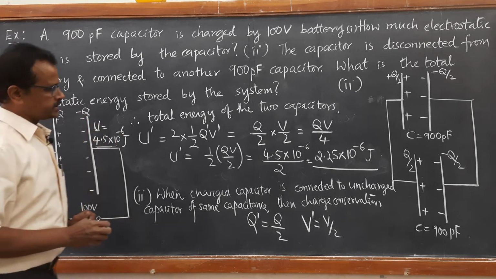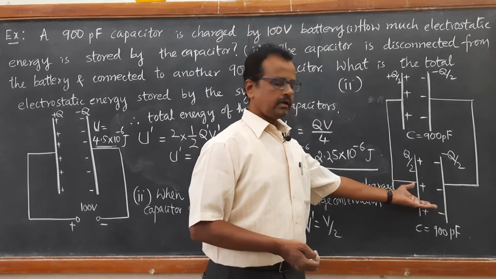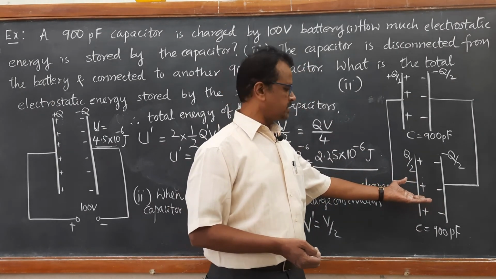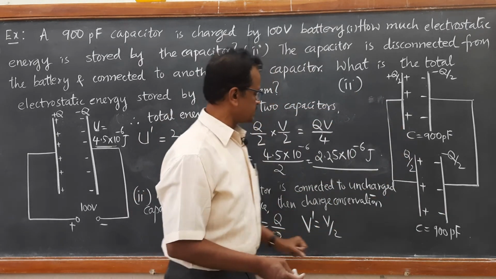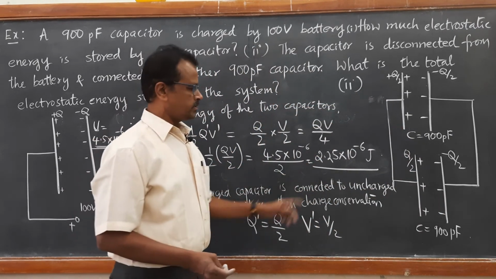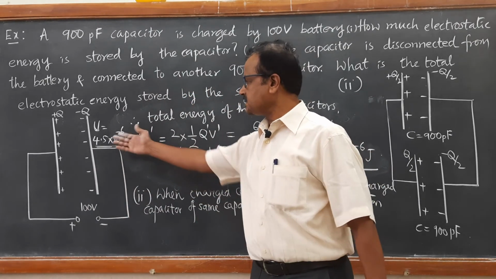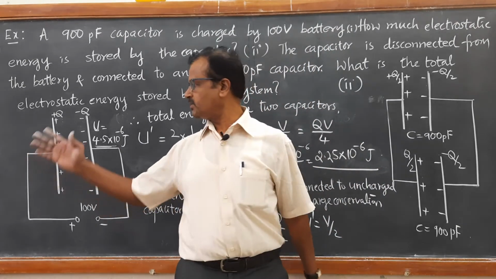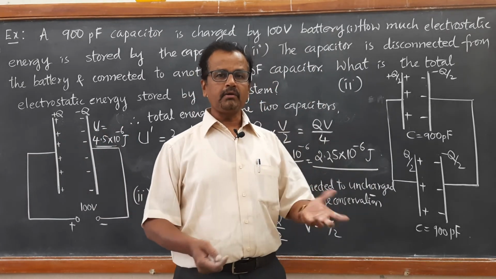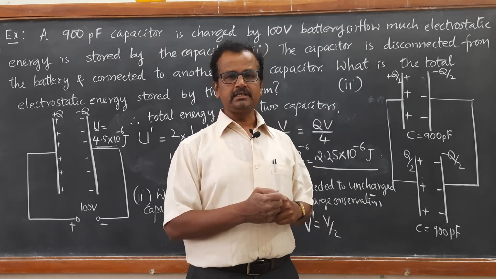But when the same capacitor is connected to another, uncharged capacitor, the total energy of both capacitors together has become 2.25 into 10 to the power of minus 6 joules, exactly half of this. Then what about the remaining half of the energy? Where has it gone? That is the interesting thing.